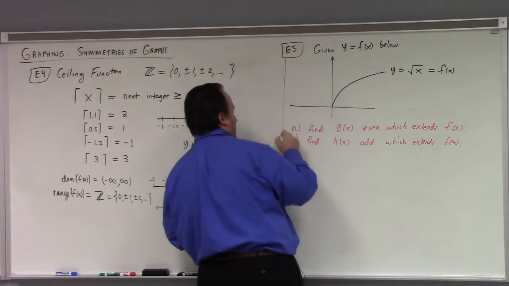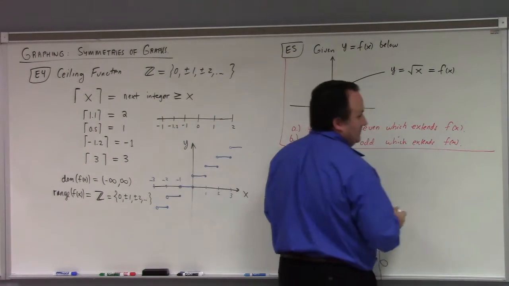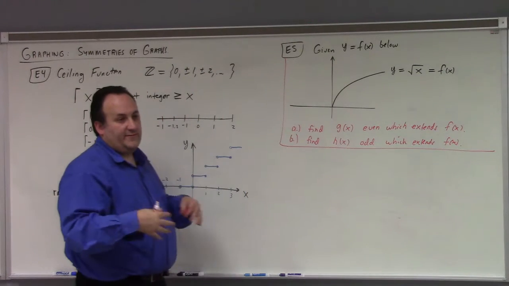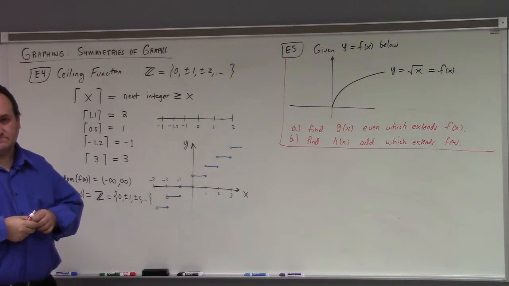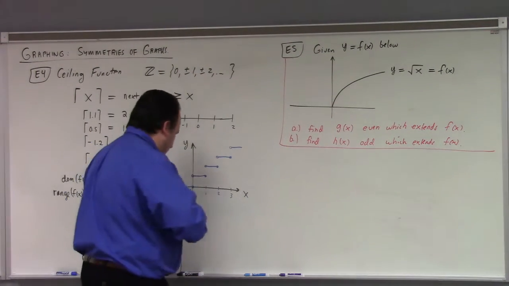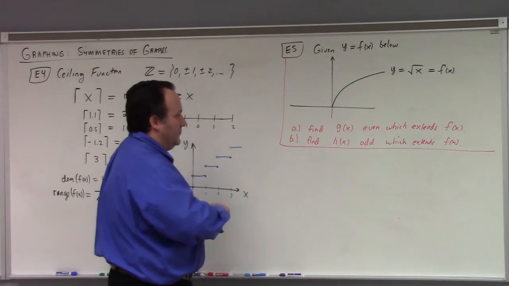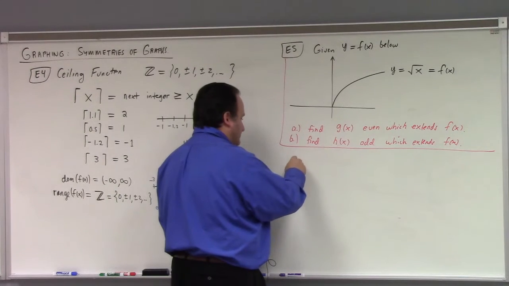In other words, I'm saying complete the graph that's given to a graph which is either even or odd. I can do it graphically pretty quickly, and then we'll think about the formula, okay?